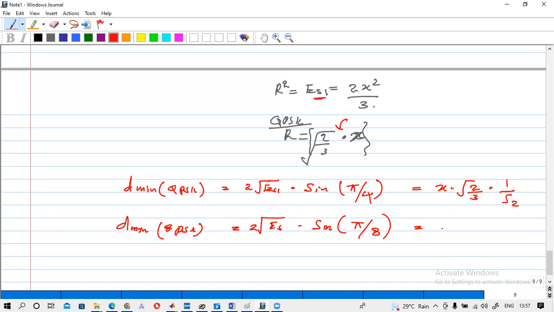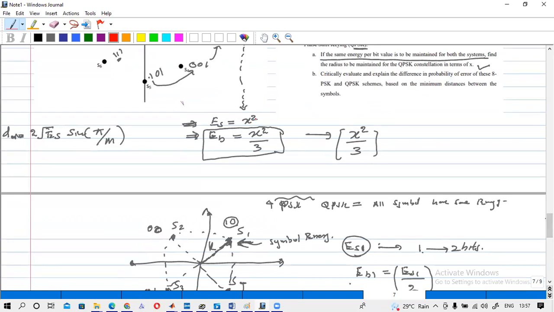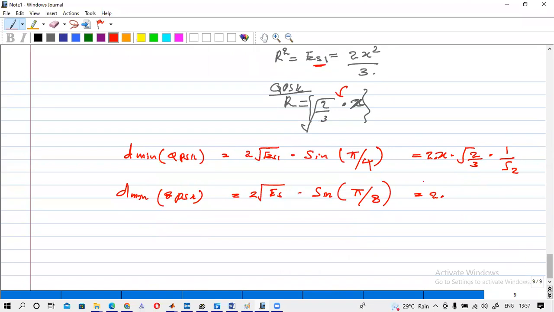So you will have this distance for QPSK. And what is the value for 8PSK? You will have 2 here, the 2 we forgot, no? And here also you have 2. Now root Es, Es is x squared, so 2 root Es means that is x. So you have x.